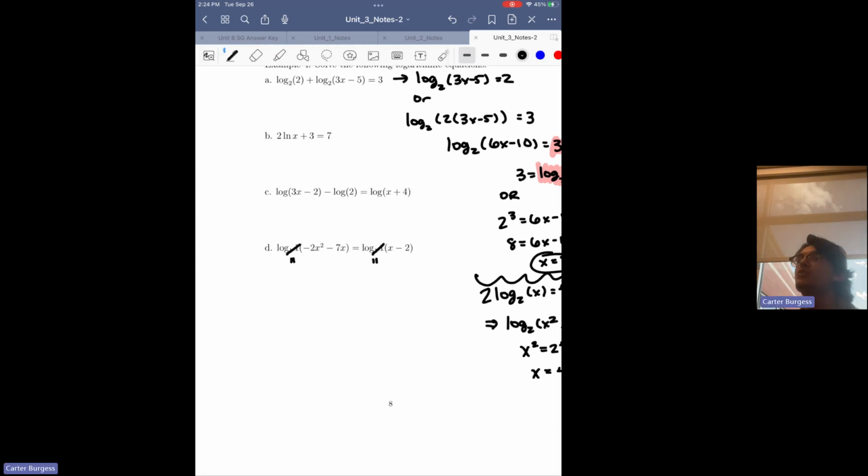Yeah, we can already use our one-to-one property. We don't need to do any finagling on either side. We can just go ahead and say that negative 2x squared minus 7x should equal x minus 2, right? That's by our one-to-one property.